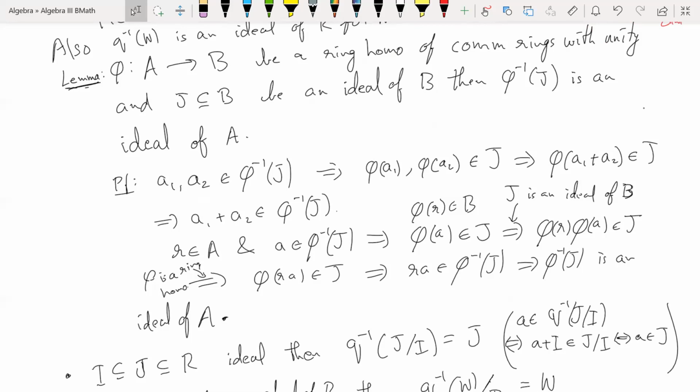Sir, in the lemma we don't need unity. Yeah, but ideals I have defined only for rings with unity, so I don't want to worry about otherwise. You don't need commutativity also, in some sense, if you want to keep track of left and right ideals and so on.